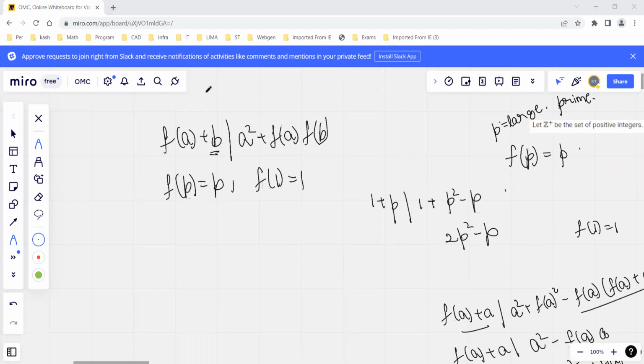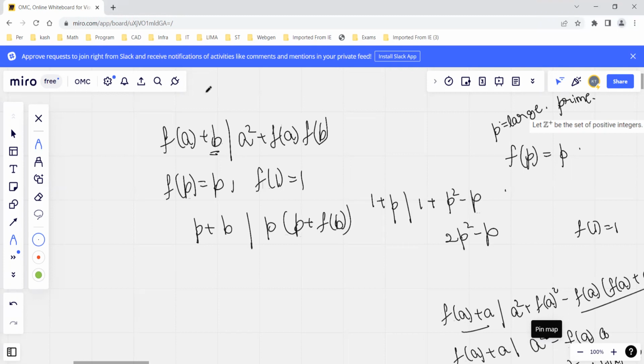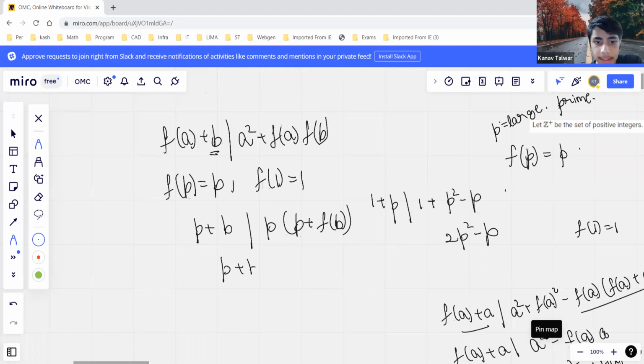If you take a as a prime p and just take b, you get that p plus b divides b times b minus f(b), after reducing.